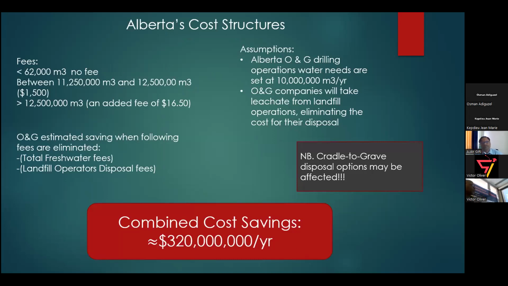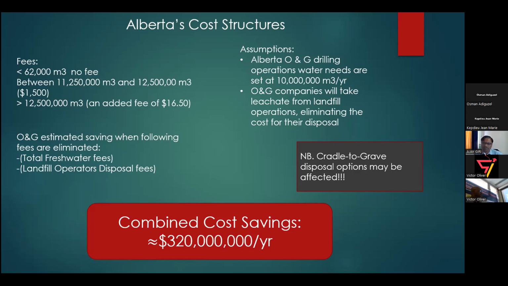So from a cost standpoint, if we go straight down to the bottom here, how much will that save on an annual basis for the oil and gas sector if they were using landfill leachate? Essentially, that will save them about $320 million annually. Even if it's half of that, it's still a very significant saving.